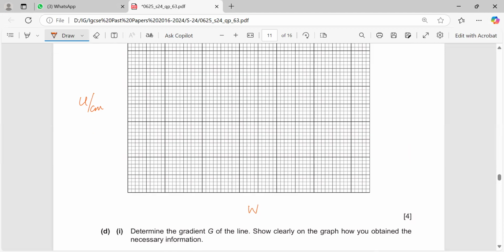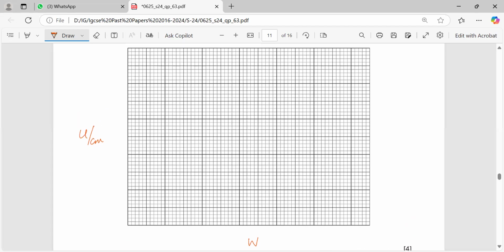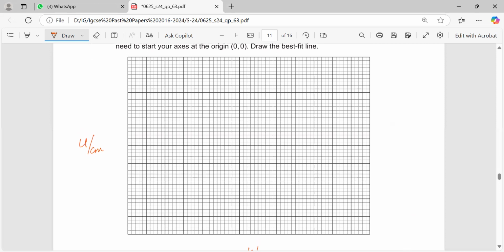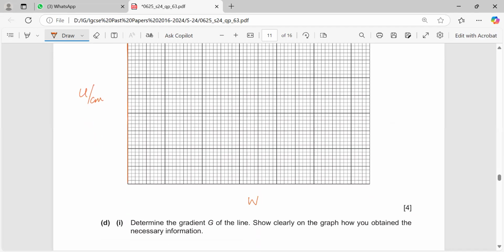The first mark you have scored in this way. It is better to label these axes: the y-axis, and similarly the x-axis.